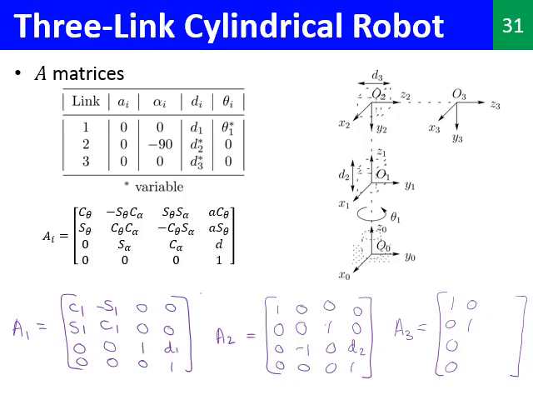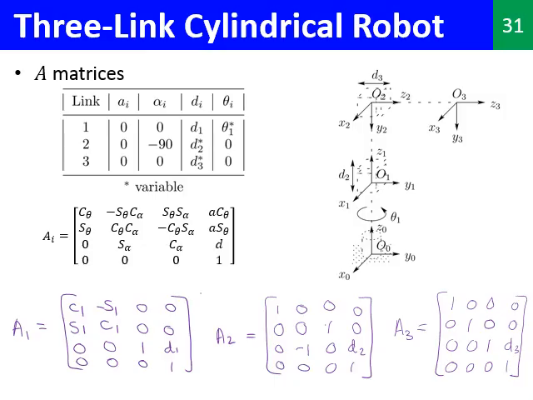Sin 0 would be 0 and another 0 here. Third column we have sin 0, therefore it's 0 and another 0 here. Cos 0 is 1 and finally we have a 0 again. The final column, these two will be 0 because a is equal to 0. d is going to be d3 and finally we have a 1.